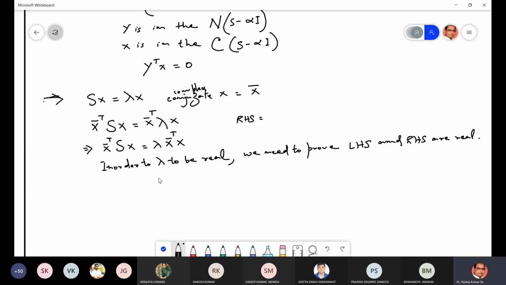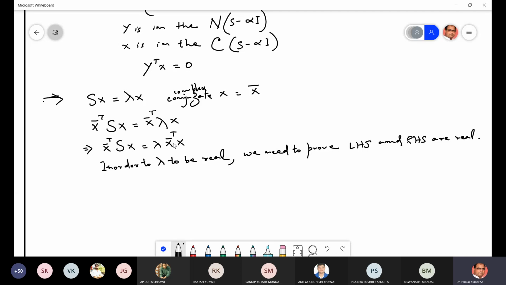If LHS and RHS are real, then we can easily conclude that lambda is a real number. So I leave that up to you. It's quite an easy one, in fact, from here.